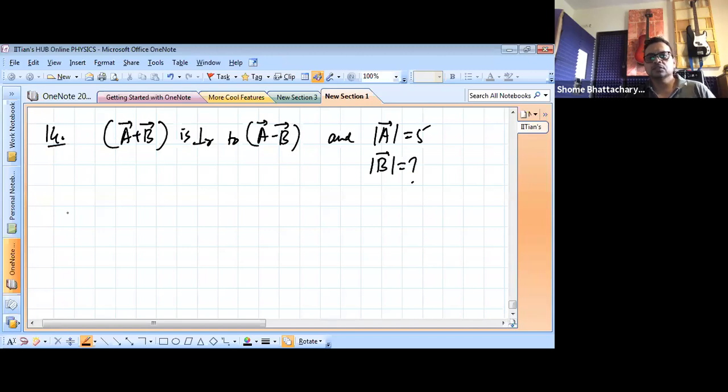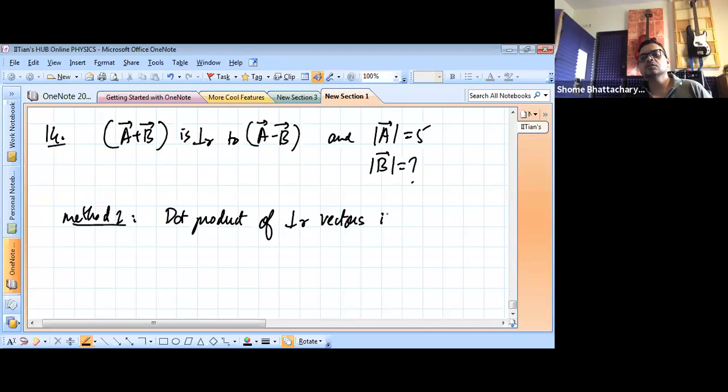One is that we can use dot product. Dot product of perpendicular vectors is how much? It is 0. So we can use this fact.